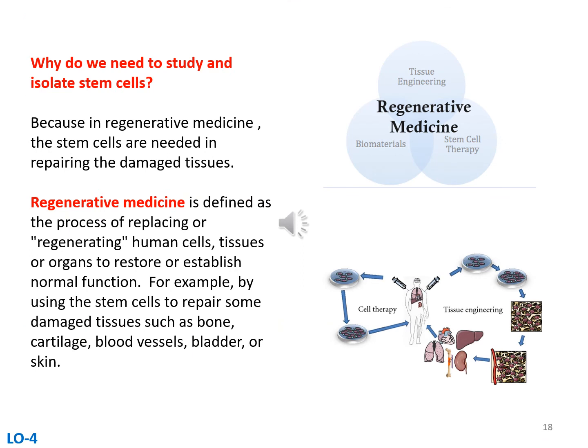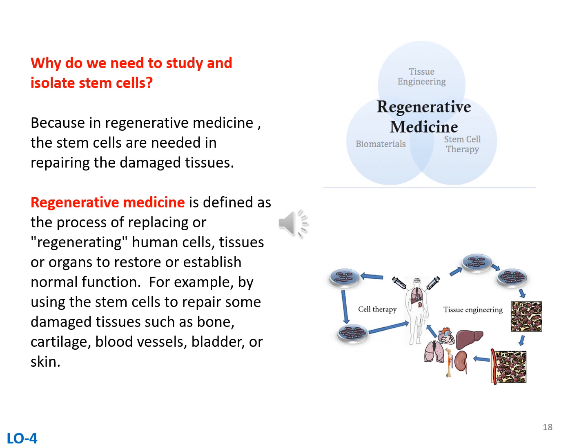So why do we need to study and isolate stem cells? Because in regenerative medicine they have been helping to repair damaged tissue. Promising effects were seen with the treatment of diseases like Alzheimer's and Parkinson's.